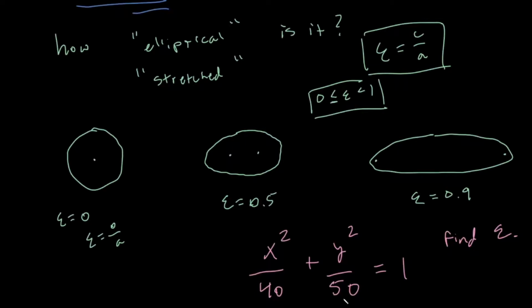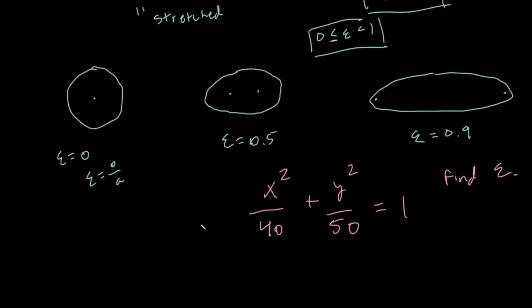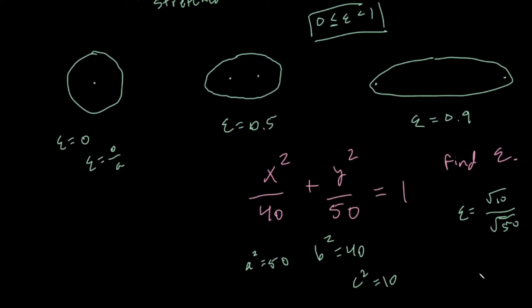Okay, so most of you should be done with this by now. A squared equals 50, B squared equals 40, so C squared is 10, so C is root 10. So E equals C over A, root 10 over root 50, so I get square root of 10 over 50, or 1/5, 0.447.